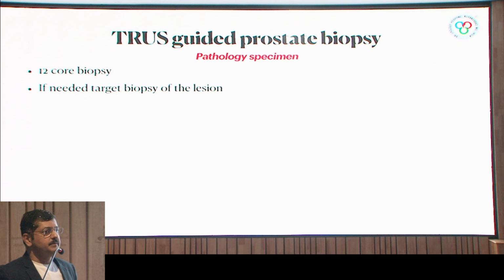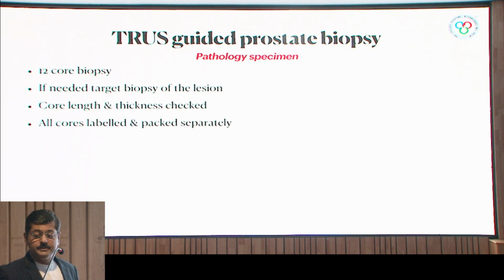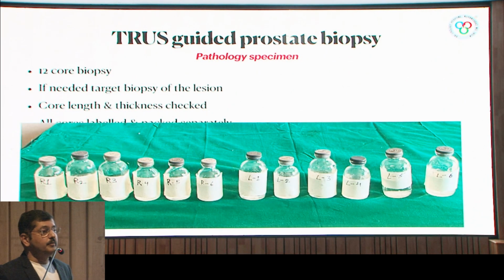So, pathology specimen, 12 core. If needed, for a targeted biopsy, if there is a hypoechoic area, you can target that. The core thickness should be checked, and all cores should be packed and labeled separately. This is very important because you should have 12 bottles before you start a biopsy, because we want to know from the pathologist which core is positive and how many cores are positive after the biopsy.